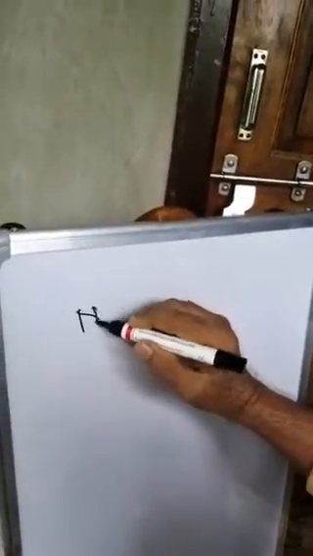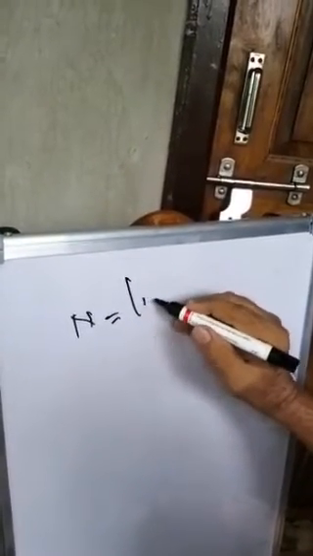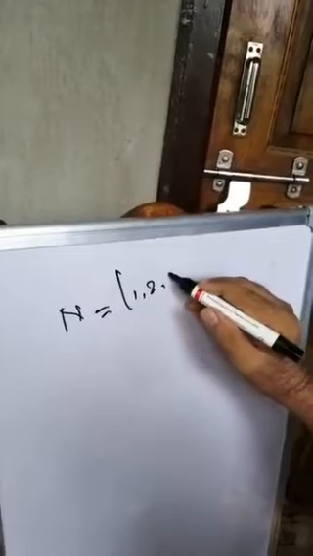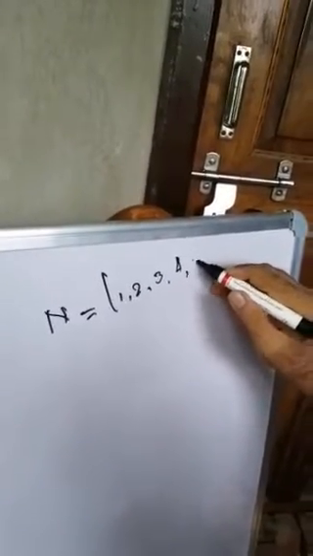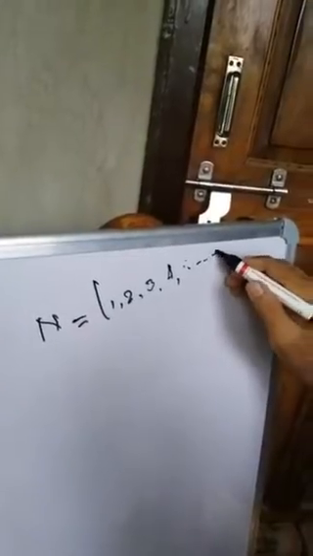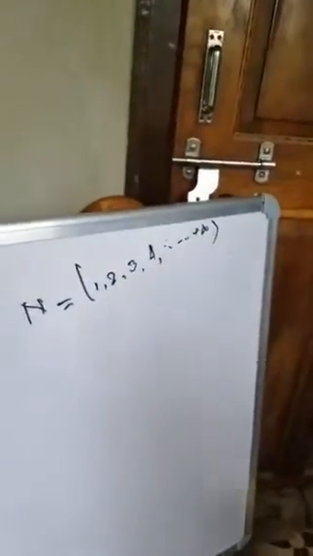The N set is equal to 1, 2, 3, 4, up to plus infinity. All positive integers the N set comprises.